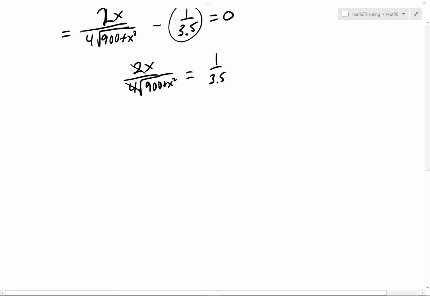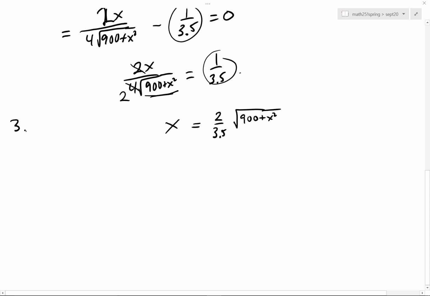So this leaves me a 2 on the bottom, correct? So I'm going to multiply by 2 over to here, and I'm going to end up with 2 over 3.5, which is a number. I'm also going to multiply both sides by that, so it shows up over here. And what's it going to equal on this side? Just x. Some of you would have maybe multiplied by 3.5 to this side.